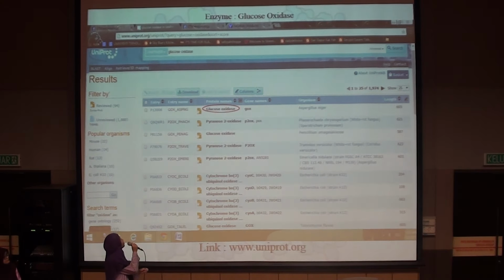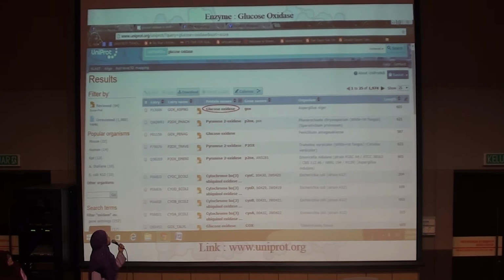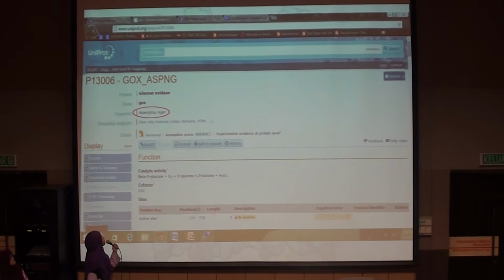Okay, so we use uniprot.org. If you see the one that is circled, glucose oxidase, the enzyme is extracted from Aspergillus niger.